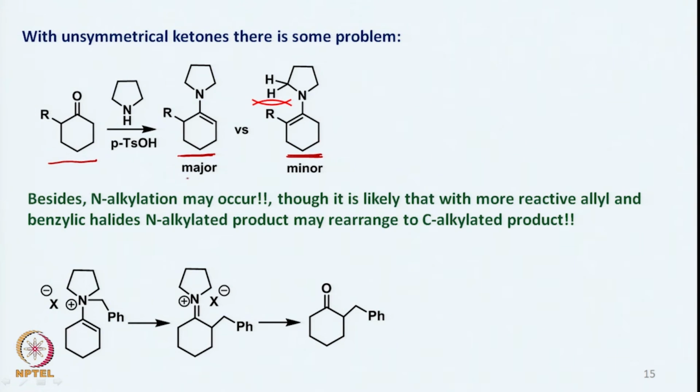So, the major one that is formed is this, and the minor one is this. Now, why it is minor is because the hydrogens which are present here give this kind of steric hindrance to this R group, and therefore there is a steric repulsion, and then the compound forms in minor amount.